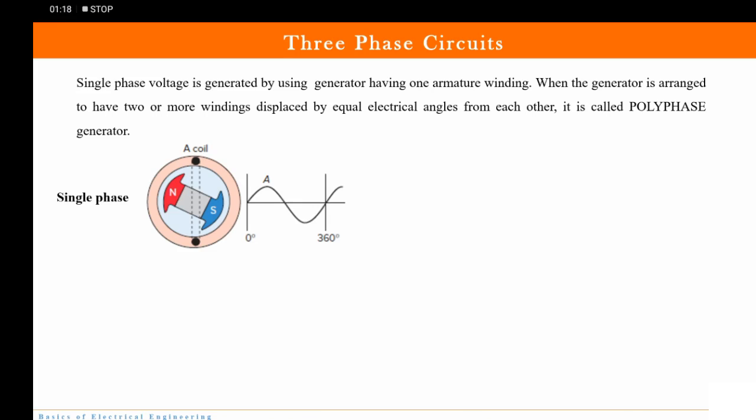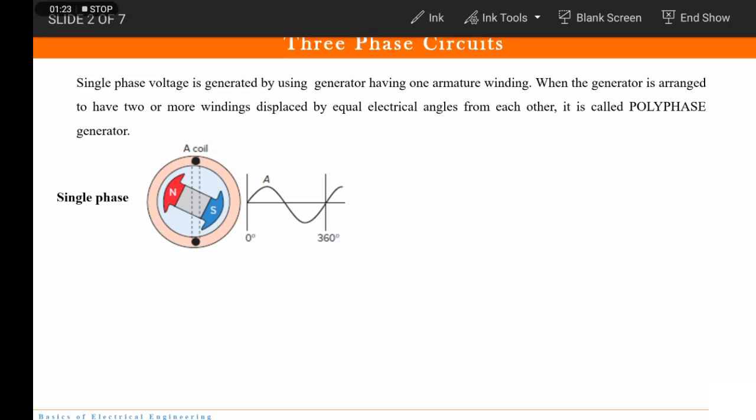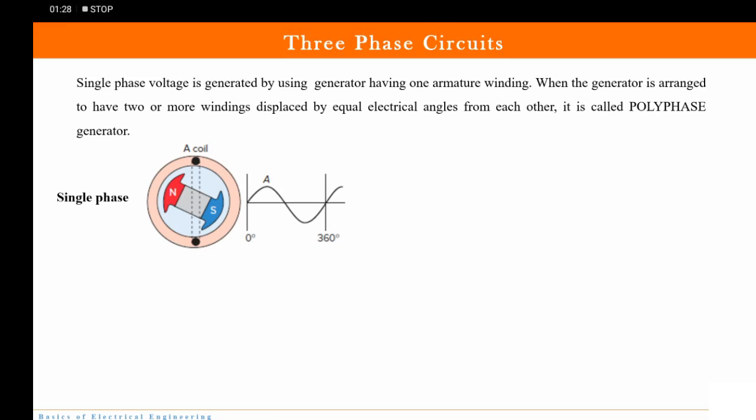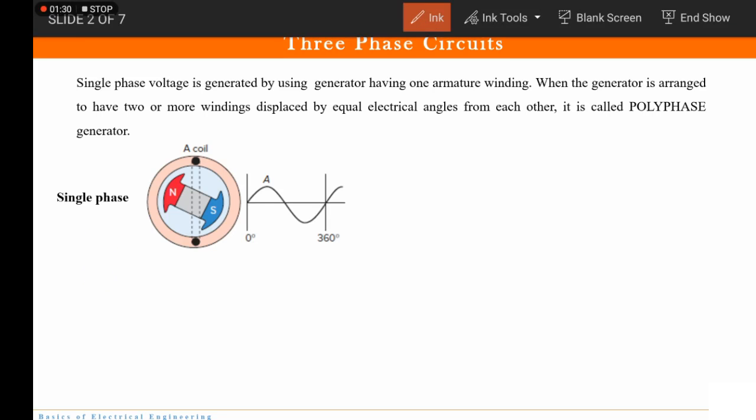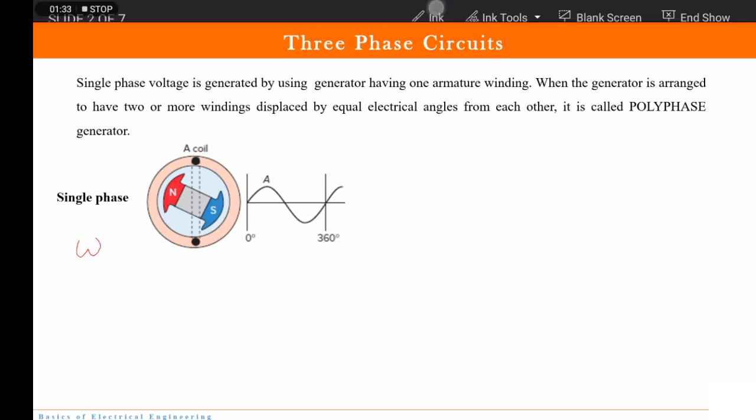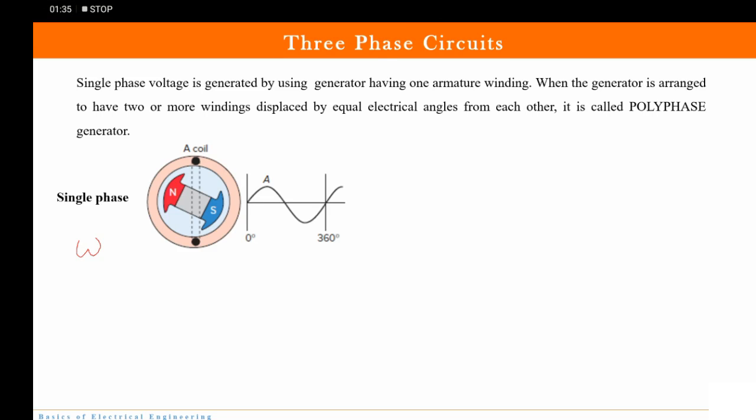And it rotates in anti-clockwise direction with constant angular velocity omega. And when it cuts the magnetic flux produced by the magnets, whether it is a permanent magnet or an electromagnet, it does not make any difference. When this coil or winding cuts the magnetic flux, alternating signal is generated.